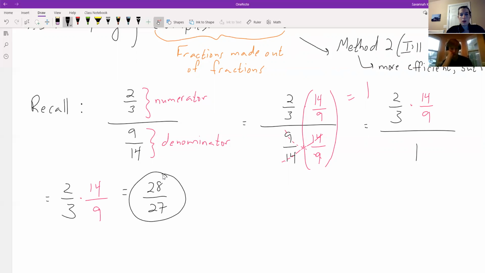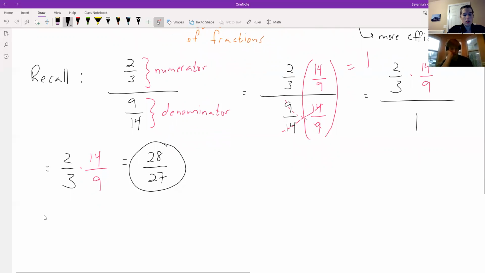Okay, so what some people do, I'm going to say this is the same method, but quicker.